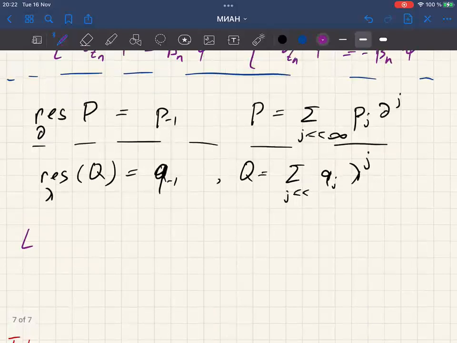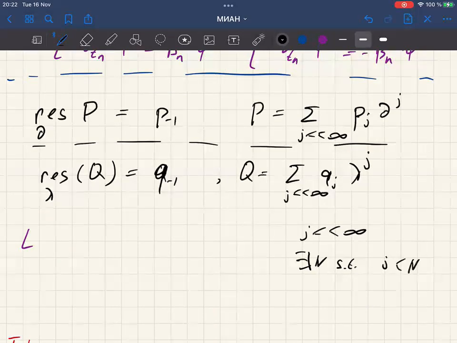What is g? g less than infinity means that we have some integer n, so there exists n such that this sum is taken for all g less than n. So it means just that we have a bound.